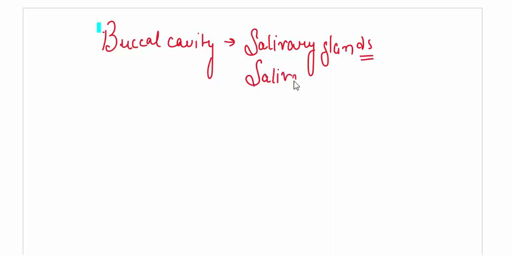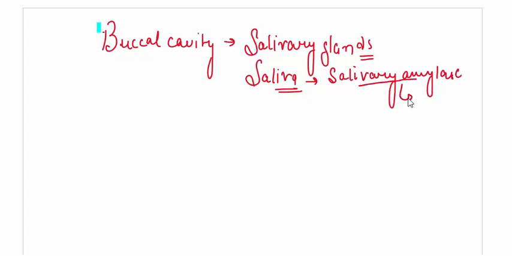This secretion, saliva, contains salivary amylase, which is an enzyme. Along with salivary amylase, mucus is also present in the saliva. So this is the secretion we will write for the salivary glands in the buccal cavity.